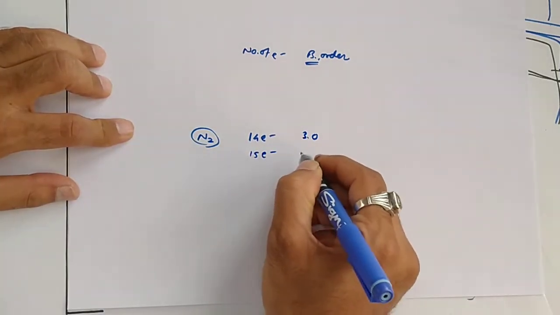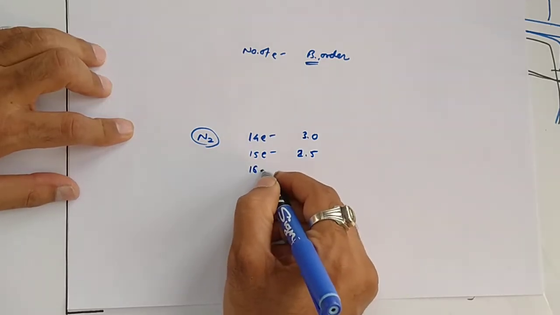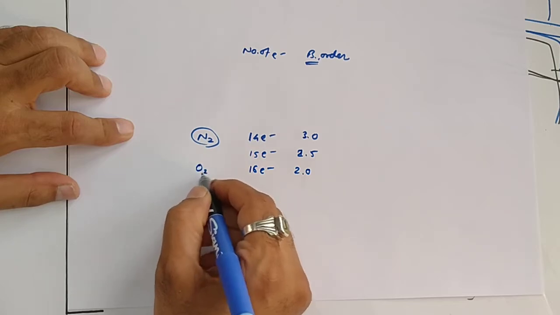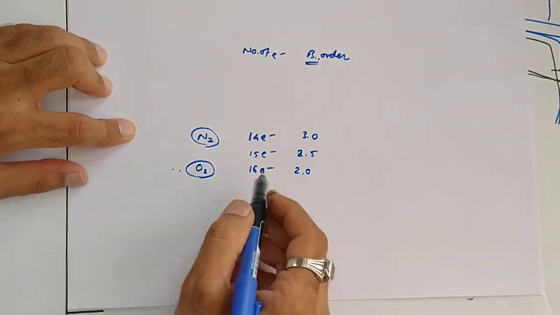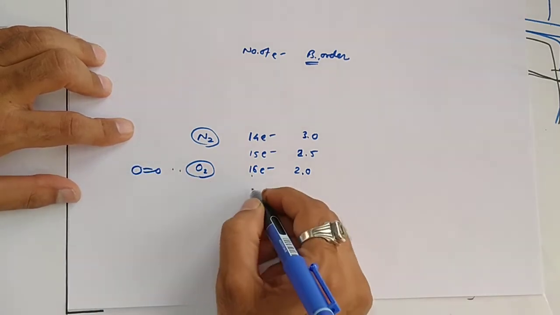If it is 15, then 2.5. If 16, then it will be 2. In 16, yes, in O2, 8 plus 8, 16, so the bond order is 2 between 2 oxygen atoms.